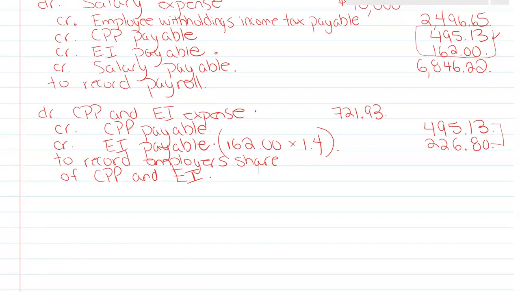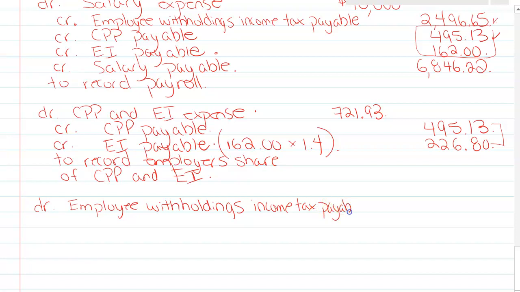So this is the journal entry to do this. All we're doing now is reversing all of our liabilities that we set up. Because I credited originally this employee withholdings, if I debit it for the same amount, so $2496.65, that'll bring that account to zero, which is what I want.